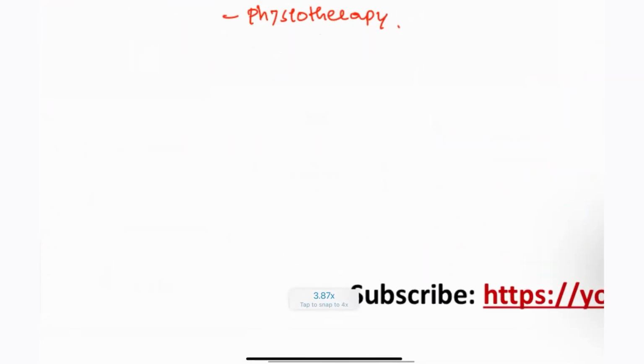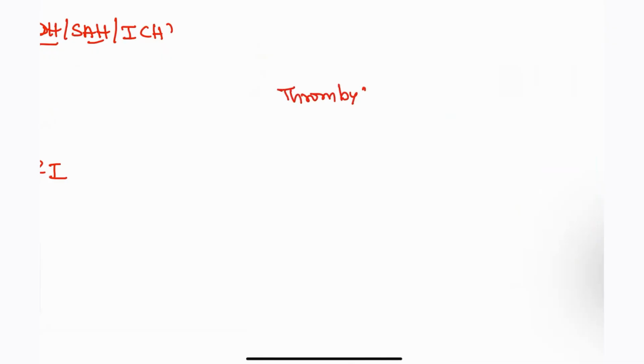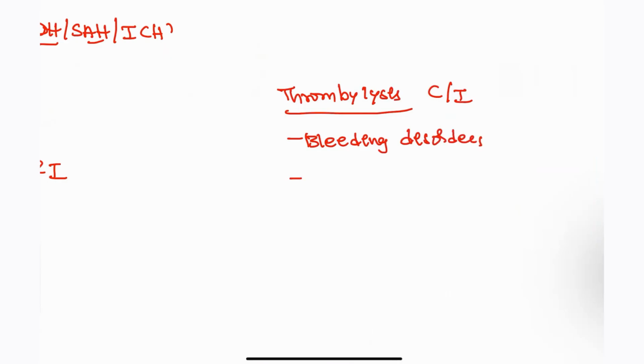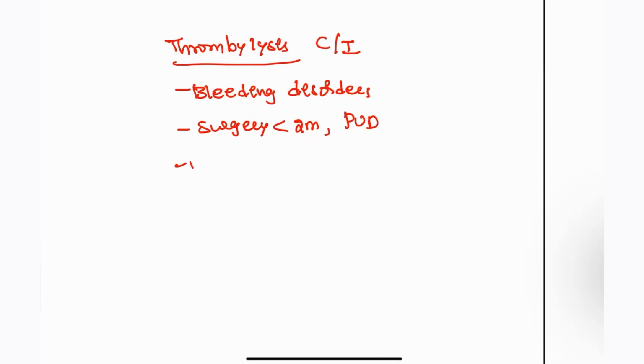But sometimes thrombolysis is contraindicated. In which patients do we have to find out that thrombolysis is contraindicated, guys? Especially those who have bleeding disorders, or a history of surgery less than 2 months ago, or active pelvic inflammatory disease or peptic ulcer disease, or ongoing menses.